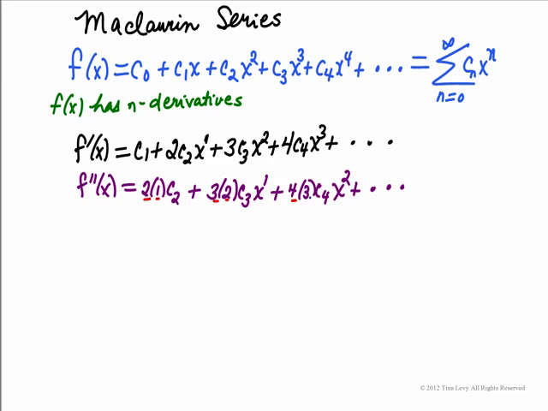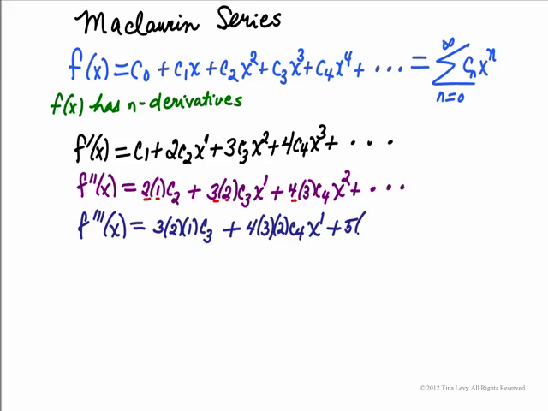We're now going to take the third derivative. The third derivative of x, the constant term becomes 0. Then we get 3, 2, 1, c sub 3, x to the 0, well, that's just 1. And then this one is 4, 3, 2, c sub 4, x to the 1. And I'm going to write another term. The next term would be 5, 4, 3, c sub 5, x to the second.